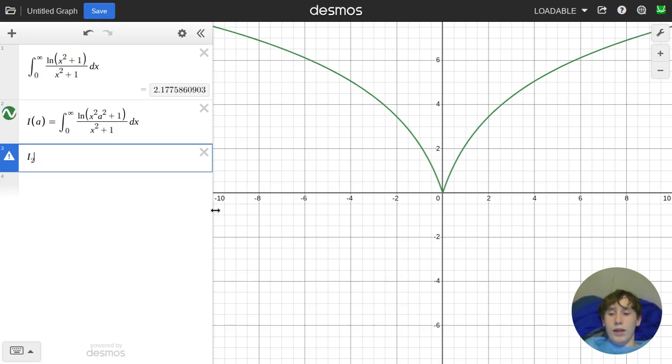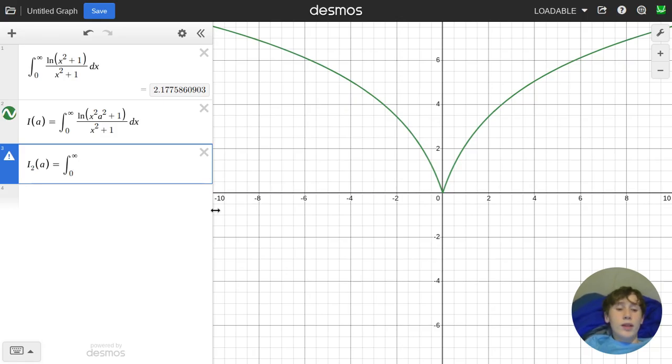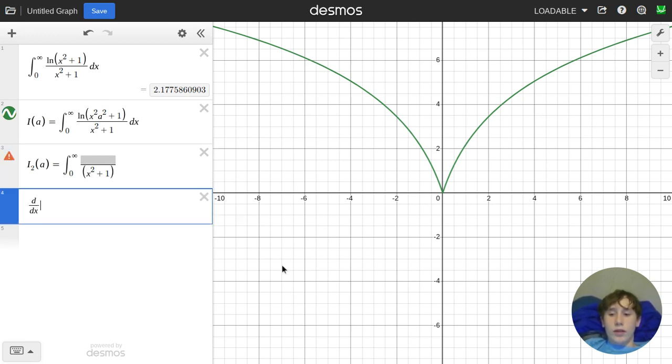Let's call it I prime a equals the integral to infinity of log natural. Well, because it's in a log natural, we can just do what the log natural derivative is. So it's over x squared plus 1. That in parentheses, and the log natural derivative is d over dx of the log natural.